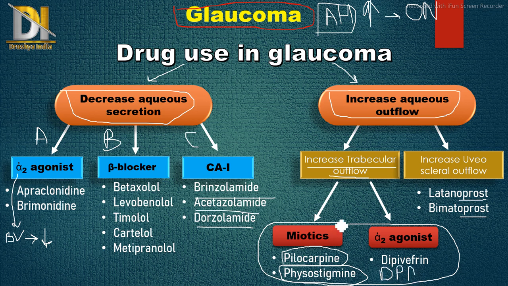Just don't get confused between the alpha 2 agonist in increased trabecular outflow and the alpha 2 agonists class. In alpha 2 agonists, the drugs were apraclonidine and brimonidine, that means AB. While in the second class, that is increased trabecular outflow, the alpha 2 agonist is dipivefrin.